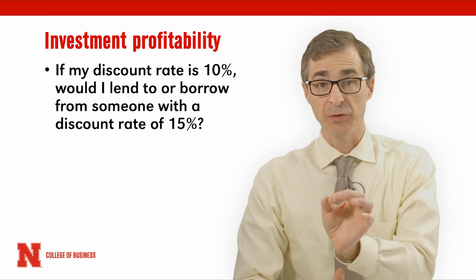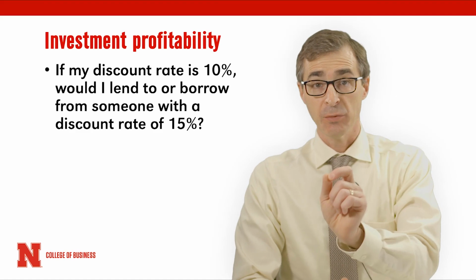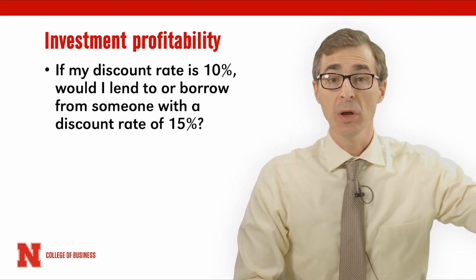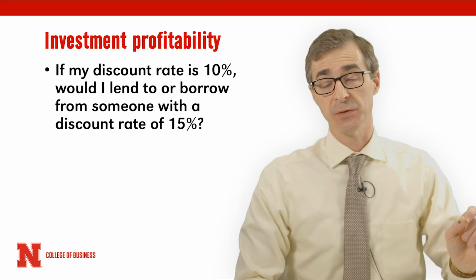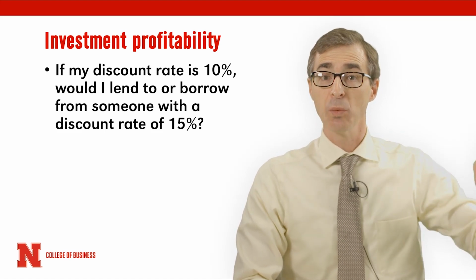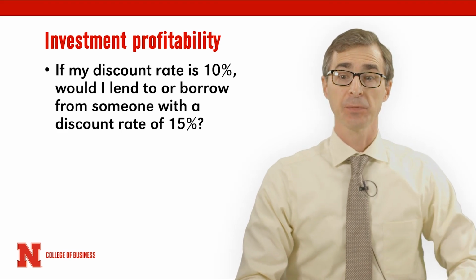I would value $1,000 as equivalent to $1,100 in the future. Somebody else with a higher discount rate of 15% sees that $1,000 today as equivalent to $1,150 in the future. Somewhere between the 10 and the 15%, we'll be able to come up with a rate that seems like a good deal to both of us.